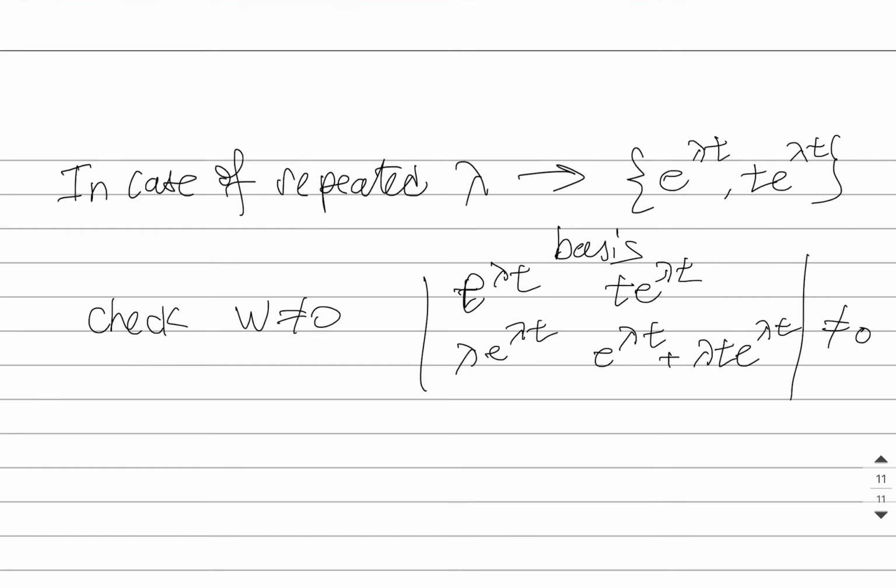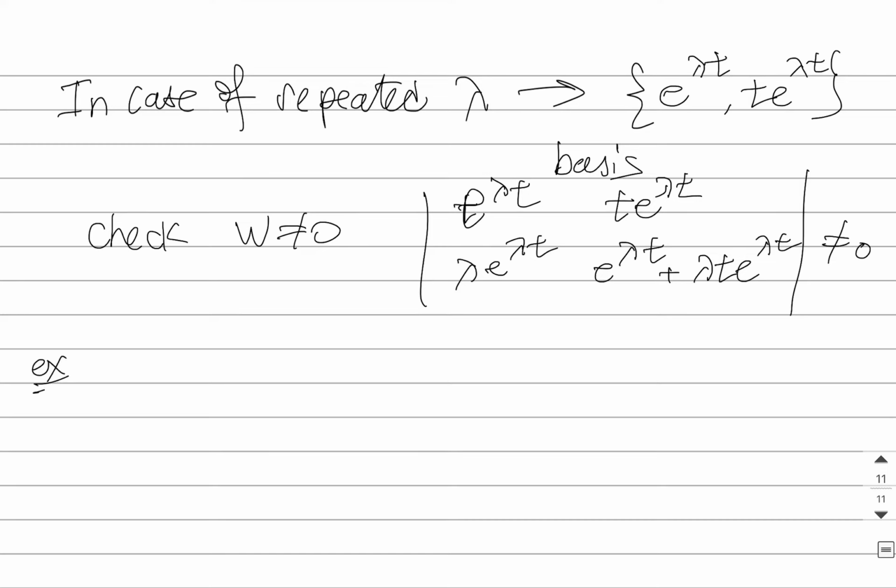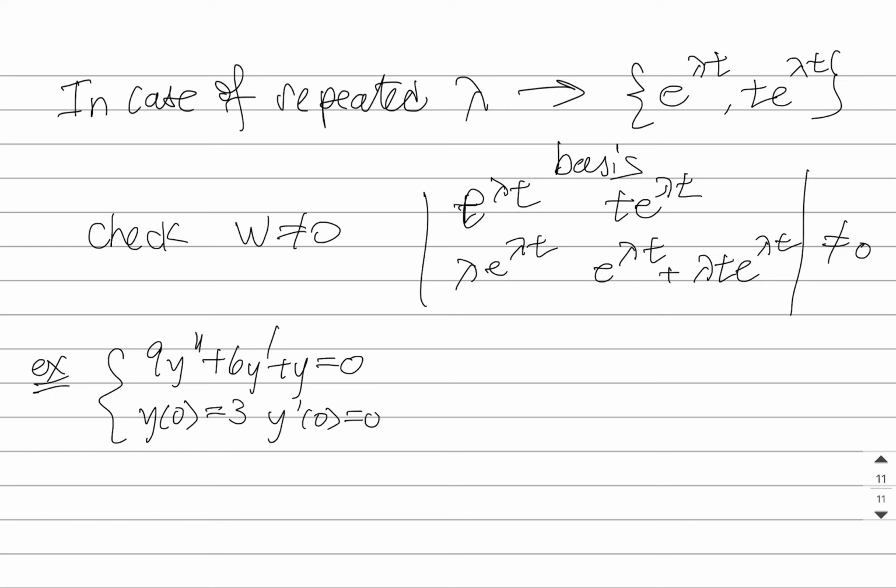So that'll work well. In this final example that I want to go through, I want to show you how to deal with an initial value problem. So if I were to give you the DE with these initial conditions, we go e to the lambda t, we would find that 9 lambda squared plus 6 lambda plus 1 is 0.